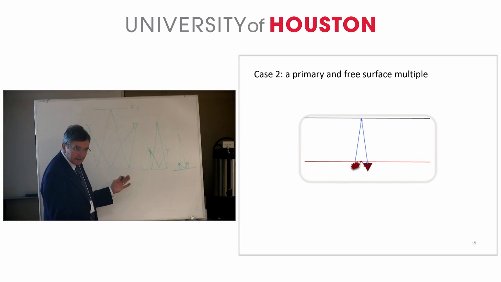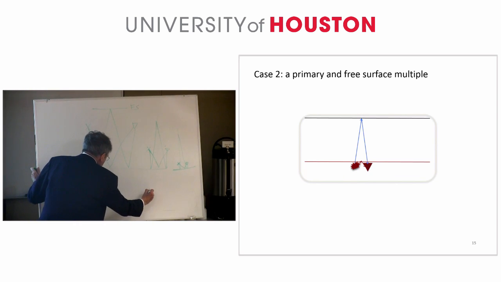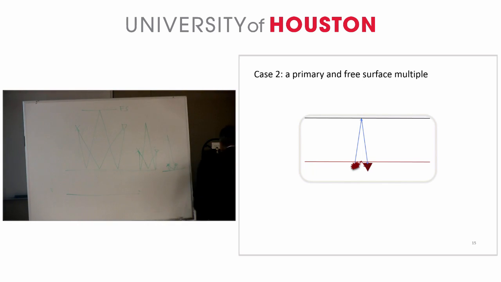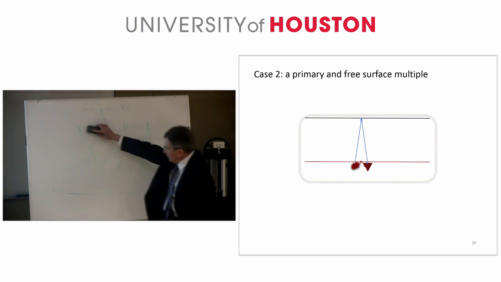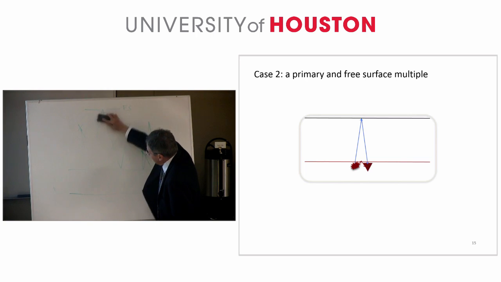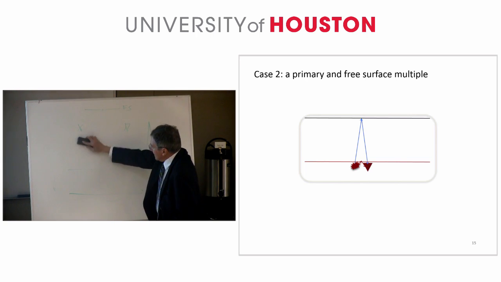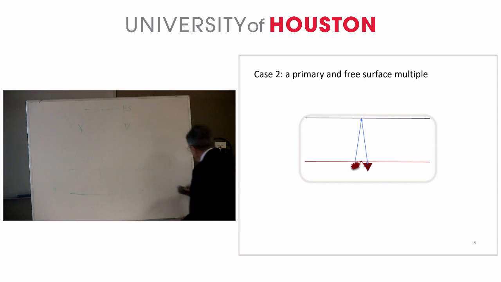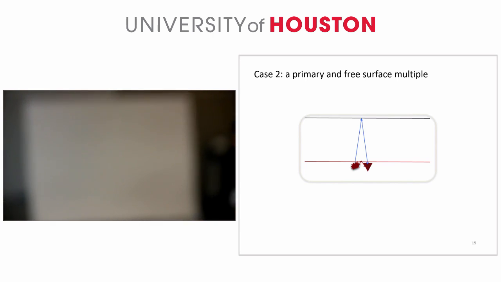But what do I need? I need discontinuous velocity. In other words, over here, let's say I put an internal multiple or something. The point is, if you had the ability to do discontinuous velocity, then you don't need to take multiples out. I'll repeat that.